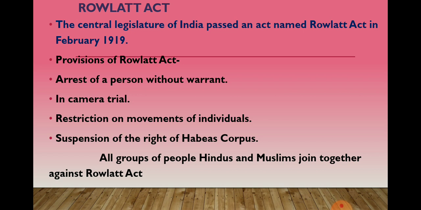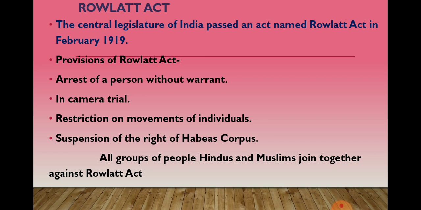The fourth one was suspension of the right of habeas corpus. This habeas corpus is a basic human right. Once the habeas corpus right was suspended, the government and police could keep a person in unlawful custody.